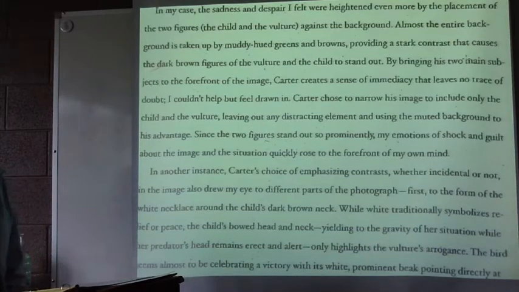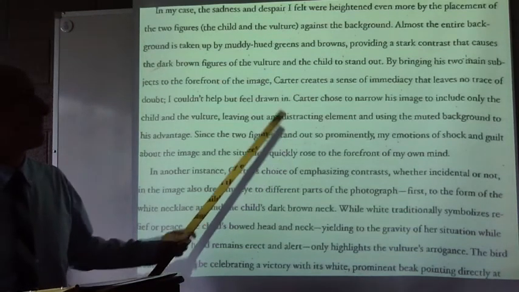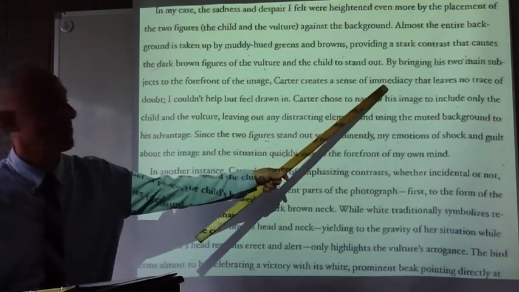By bringing his two main subjects to the forefront of the image, the bird and the child, Carter creates a sense of immediacy that leaves no trace of doubt." So what is the figure-ground contrast doing? Create what effect? That effect.